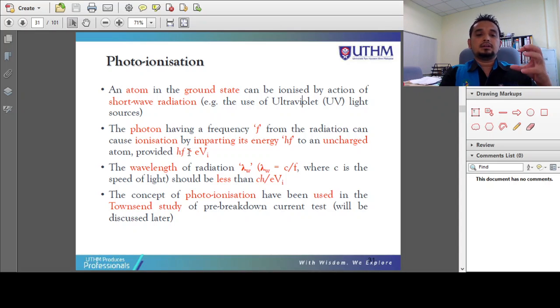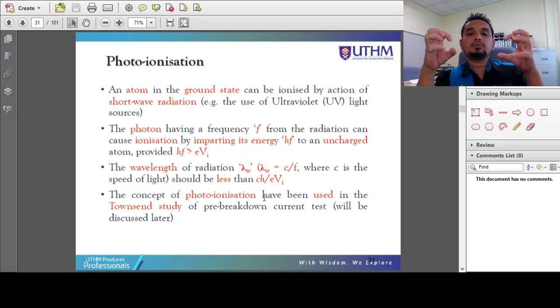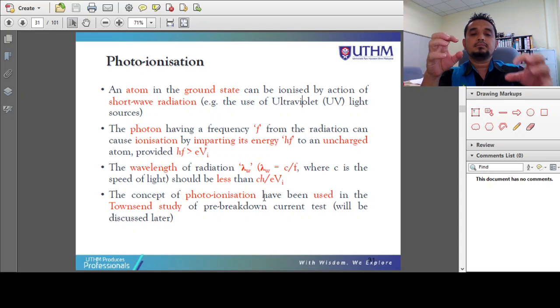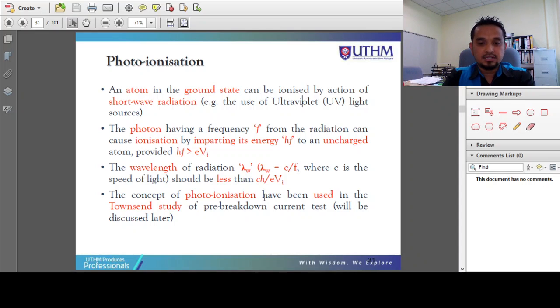This means that if a certain energy from the photon having a certain frequency is greater than the ionization energy, this radiation will cause the atom or the molecules to become positively or negatively charged. It depends. This is what we call photoionization, which is due to the radiation from the photon.